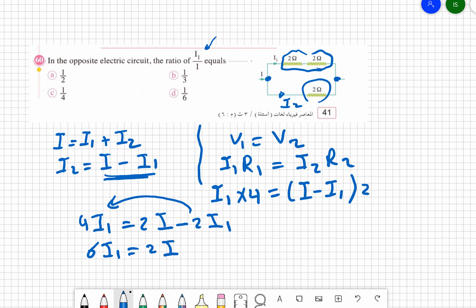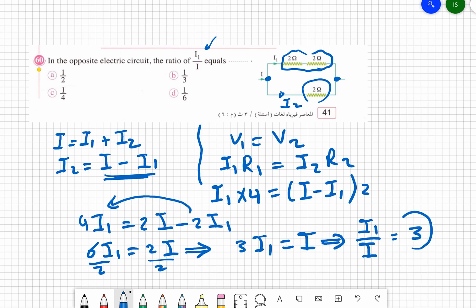What he needs is the ratio between I1 and I. So divide by 2: 3 I1 equals I. So I1 over I equals 1 over 3, and the ratio doesn't have any unit.